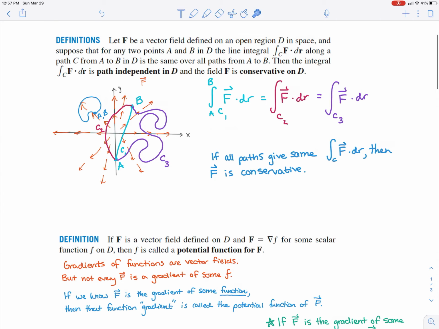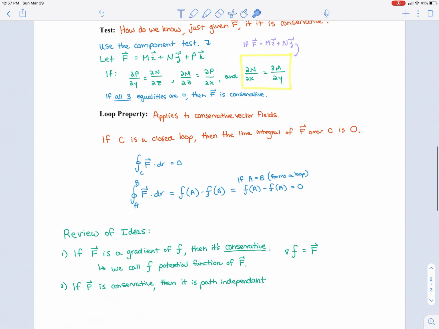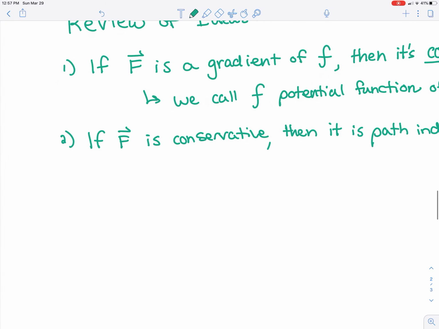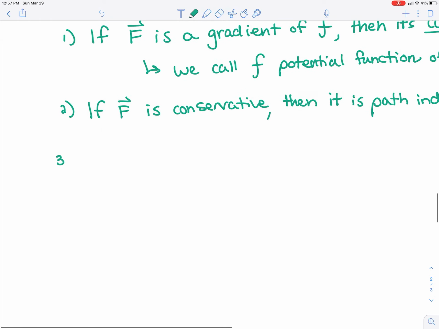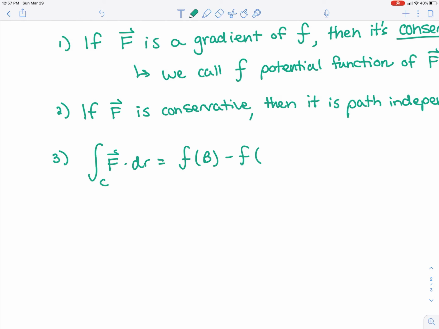And then we talked about the fundamental theorem of line integrals. So if f is conservative, then we can apply that fundamental theorem of line integrals, which was saying that the line integral over some path of a conservative vector field is just equal to the difference in the potential function evaluated at the endpoints.